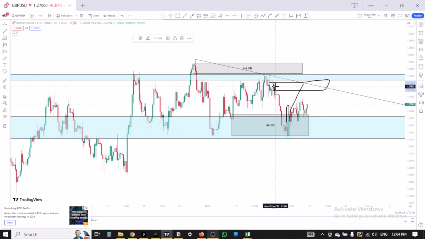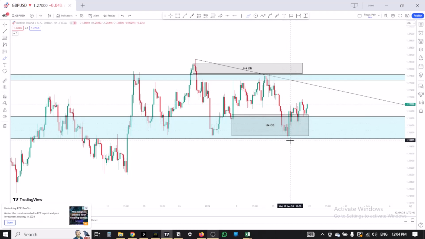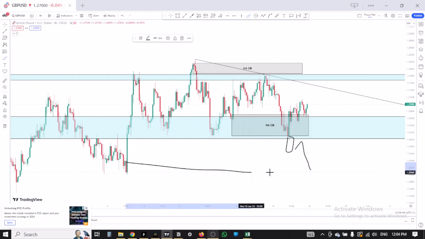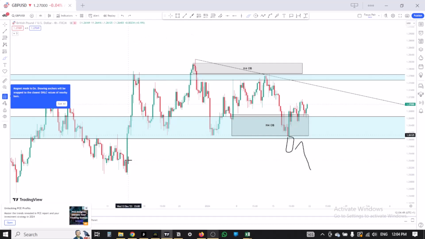And if price should close below this order block, which is this demand level in this daily structure, I'll be looking for sells into this level down here.